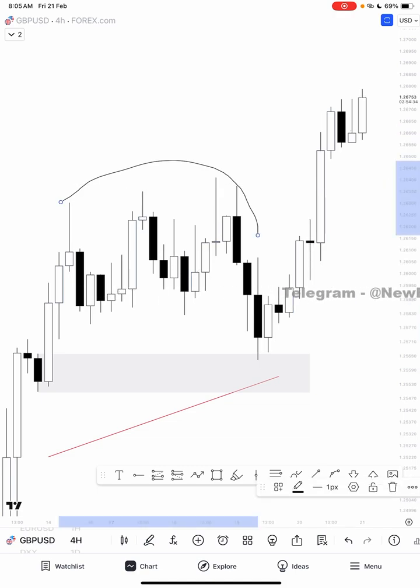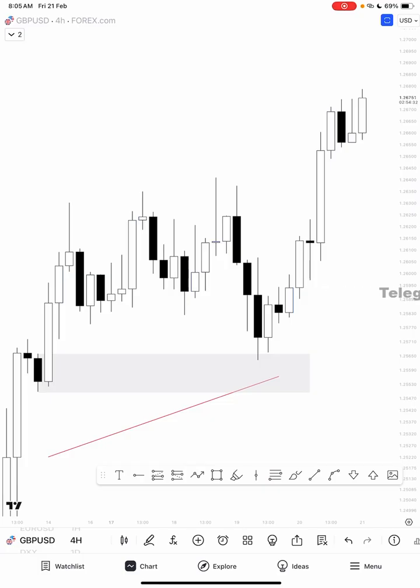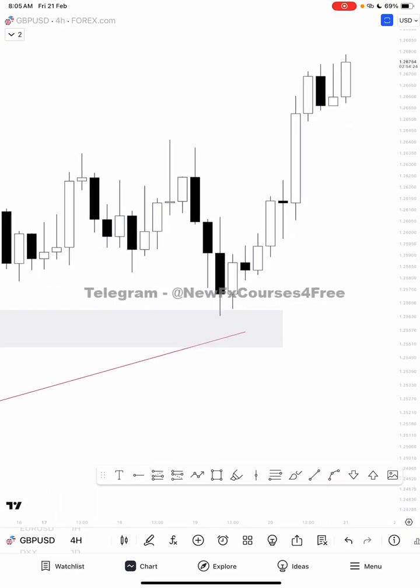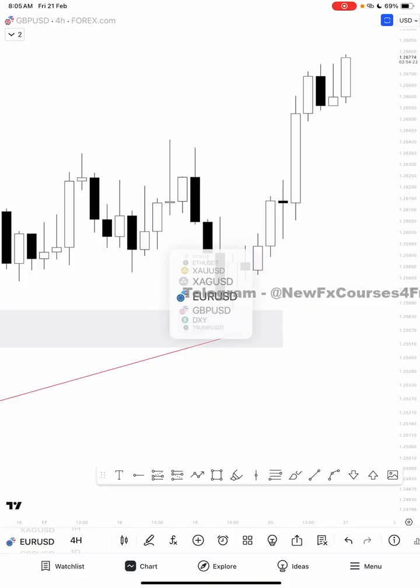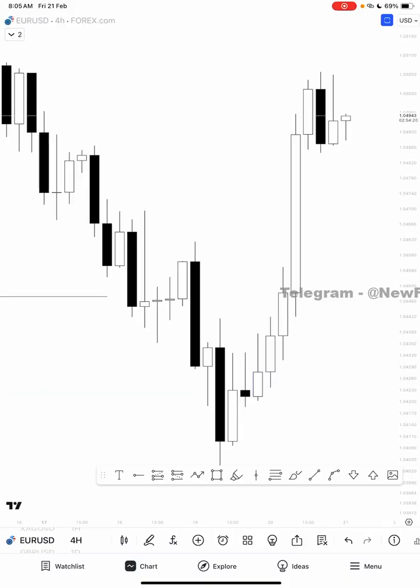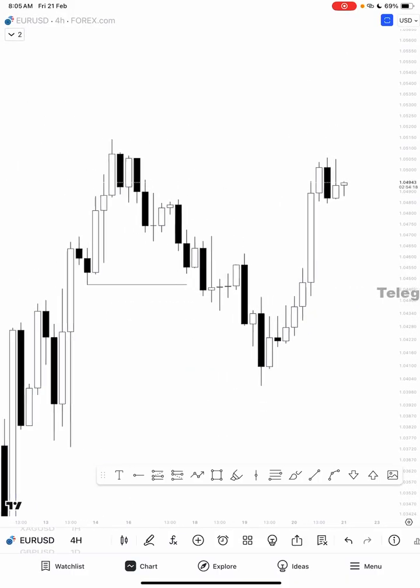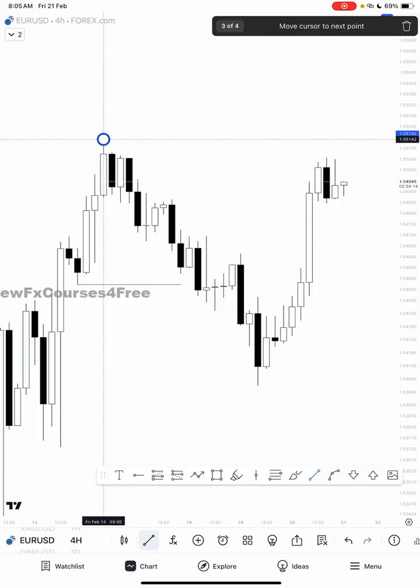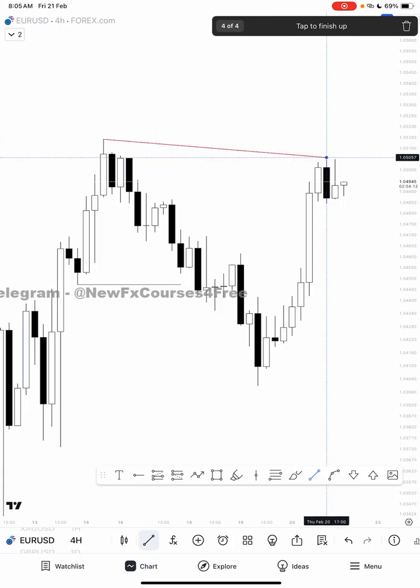So this was actually an SMT in last week's price action, and you can see on EUR/USD it hasn't actually completed its draw on liquidity yet.